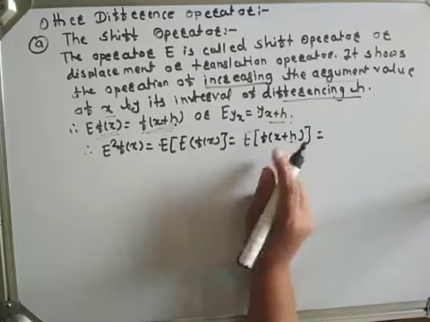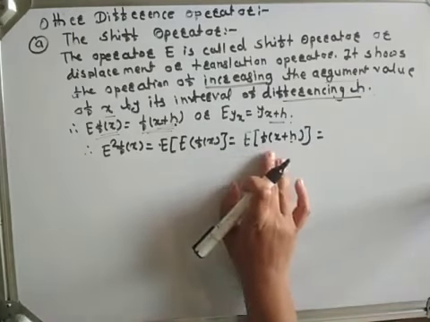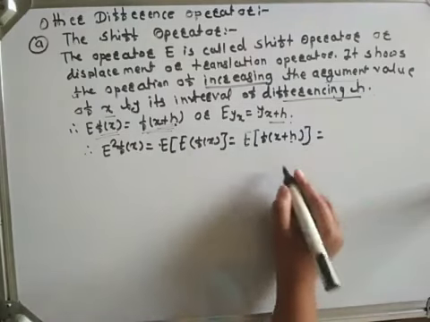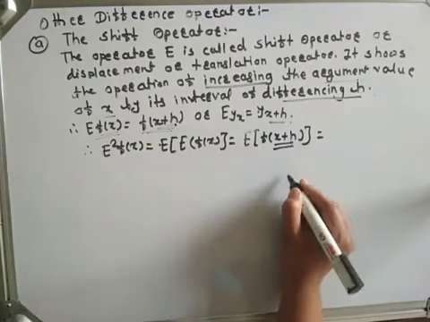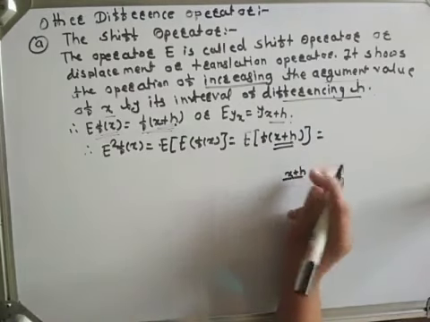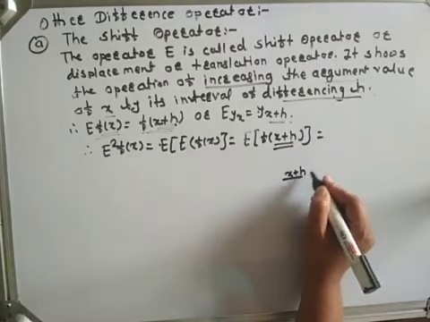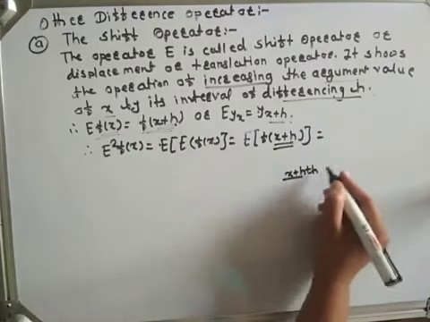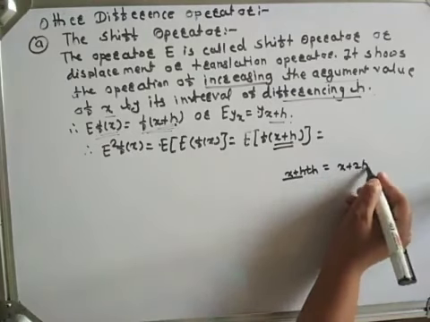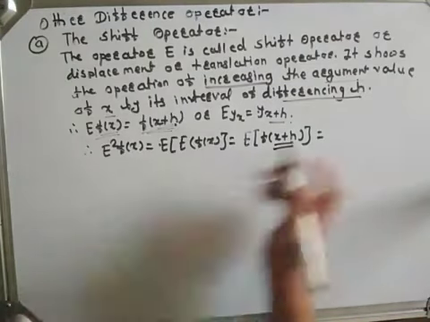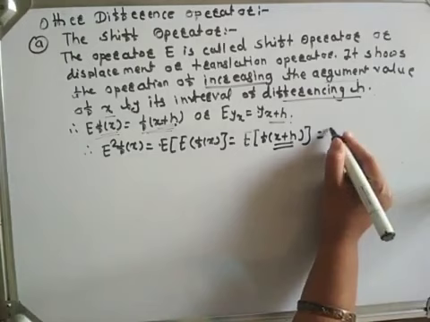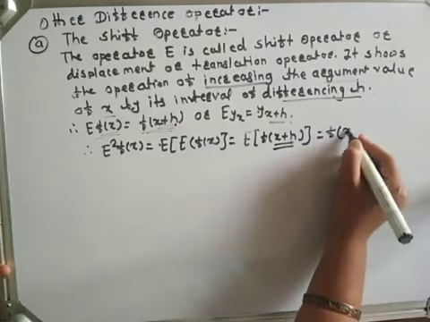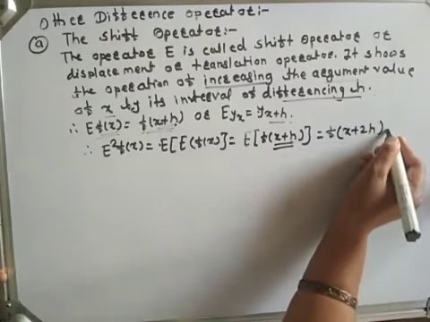Now we have to calculate E of f of x plus h. Here the argument x plus h is increased again by h, so it becomes x plus 2h, which is equal to f of x plus 2h.